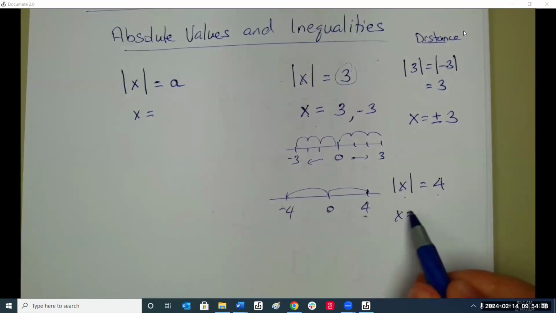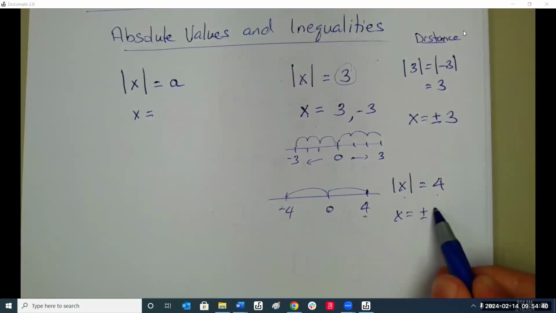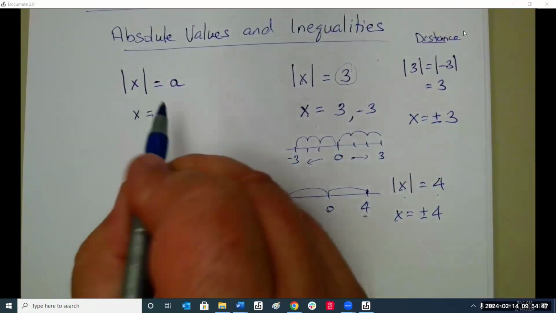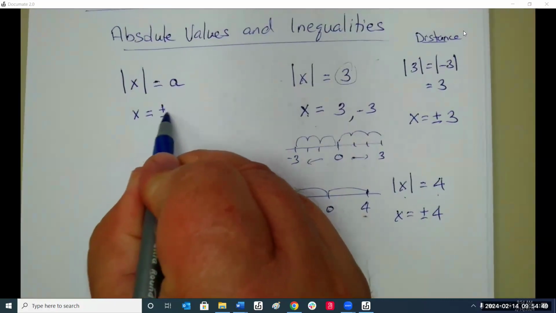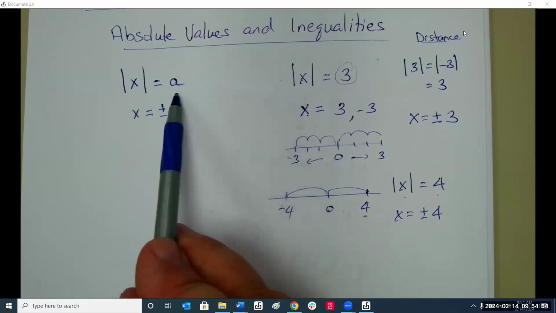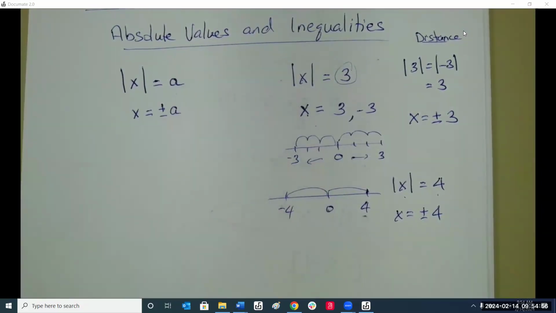So the number I could put in there could be plus or minus 4. So the formula is this: when you drop the absolute value sign, the answer becomes a positive or a negative.